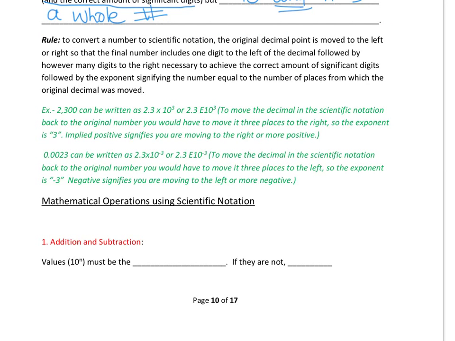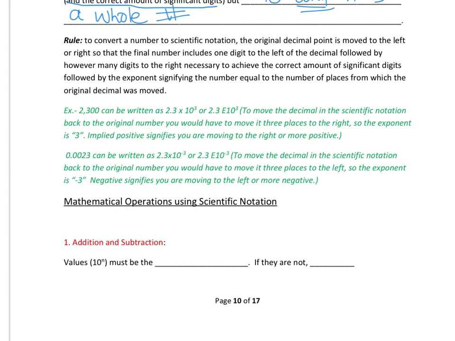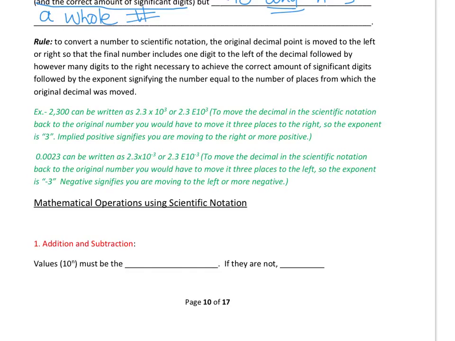If you have a problem in some of the calculations that we do, what sometimes causes you the biggest trouble is dealing with how to use scientific notation in mathematical operations. So let's review real quick addition and subtraction. The values of the exponent 10^n must be the same.